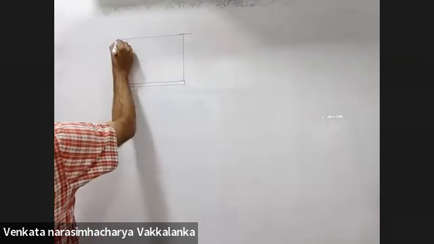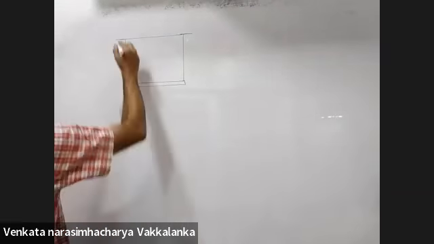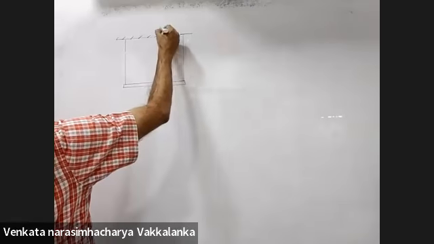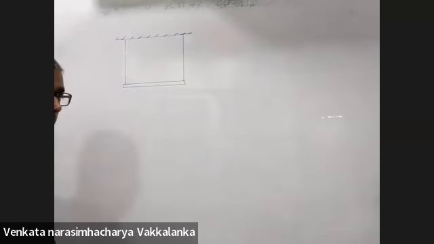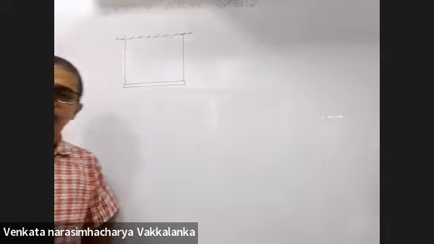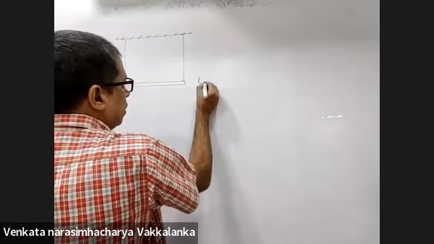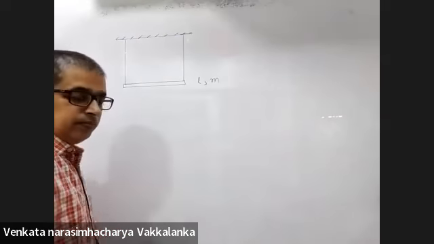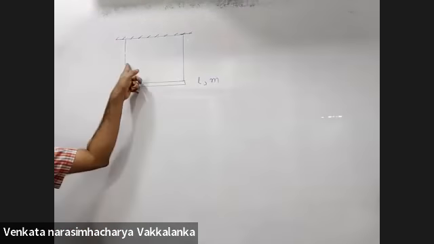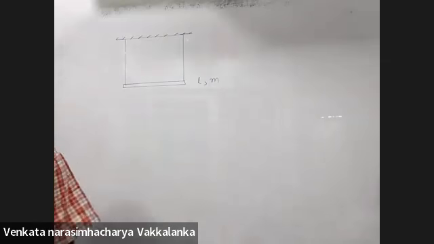We have learned how to take a torque equation in the start, before we even came into this. This is a thin rod of length L and mass M, connected by two strings to the ceiling.